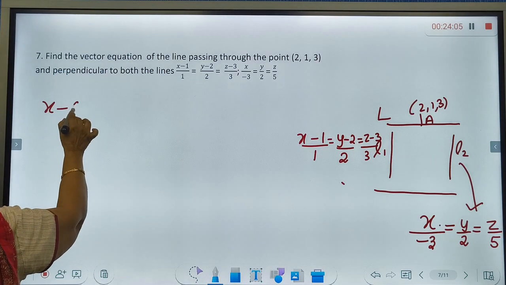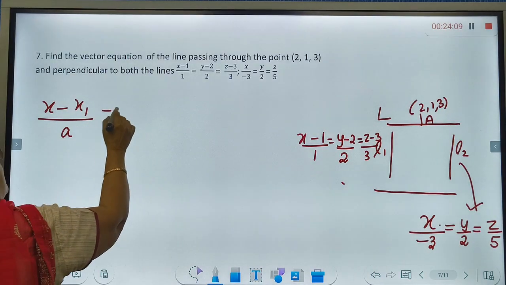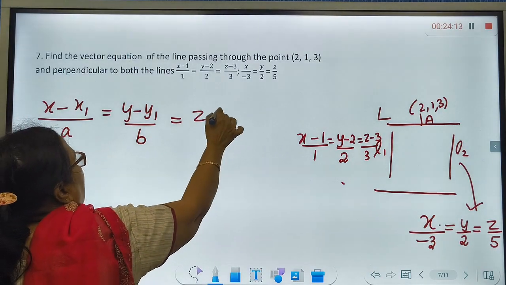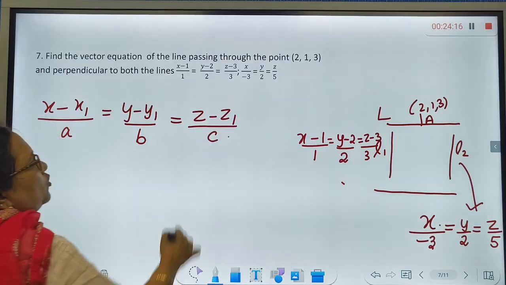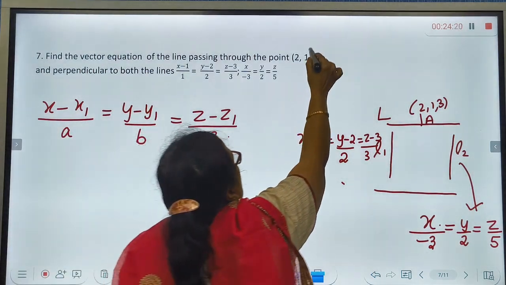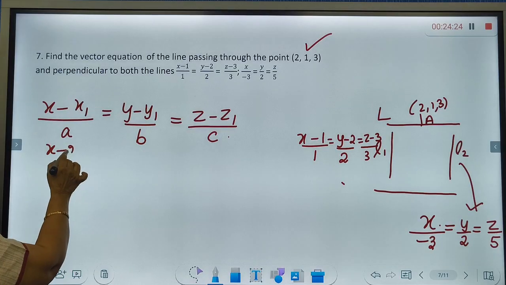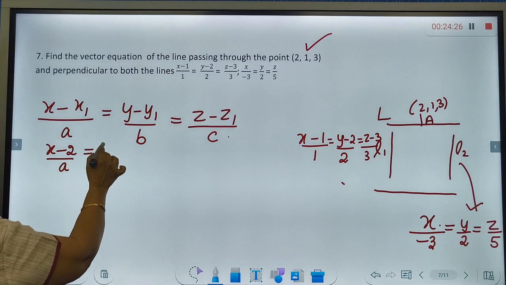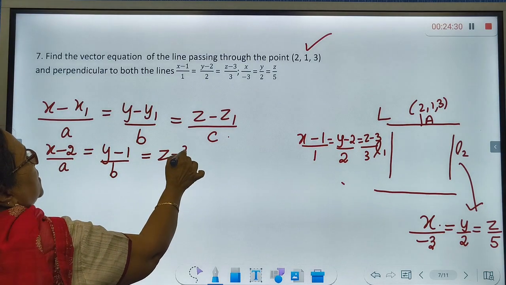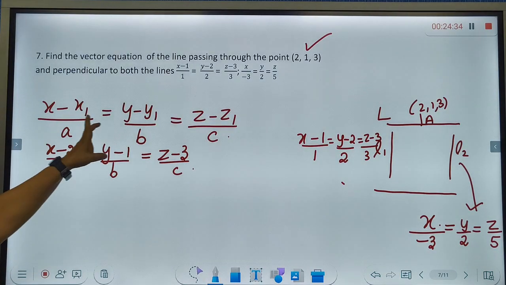For any line we need to know two things. x minus x1 by A equal to y minus y1 by B equal to z minus z1 by C is the equation of the line in standard form. What is x1, y1, z1? A point on the line. So x minus 2 by A equal to y minus 1 by B equal to z minus 3 by C. So I have substituted for x1, y1, z1.